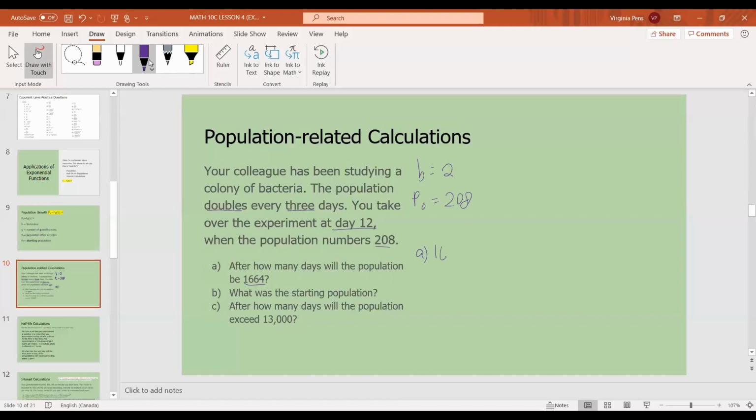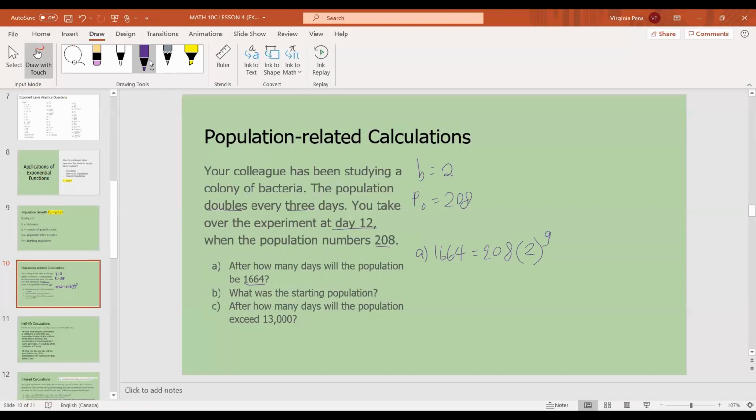PN, so 1,664, is equal to P0, which is 208, times the behavior, which is 2, so it's doubling. And we don't know how many days it will take. So this days will be the X, or I guess I should use G.